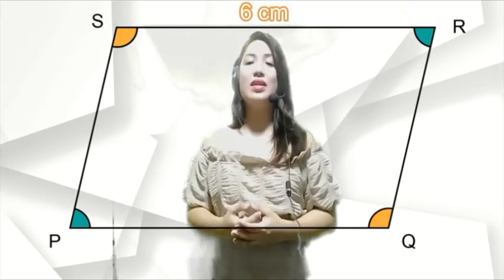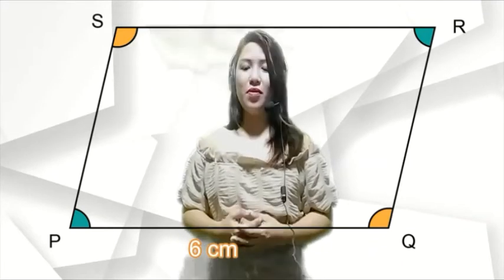For example, in the same parallelogram SRQP, the opposite sides are line segment SR and line segment PQ. Let's say line segment SR measures 6 centimeters, so its pair, line segment PQ, should also be 6 centimeters since they are congruent.